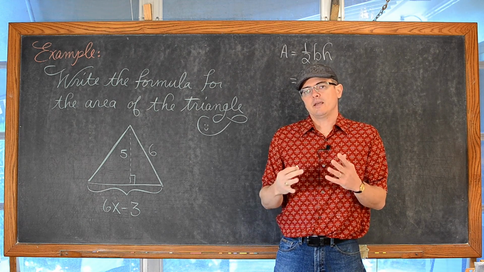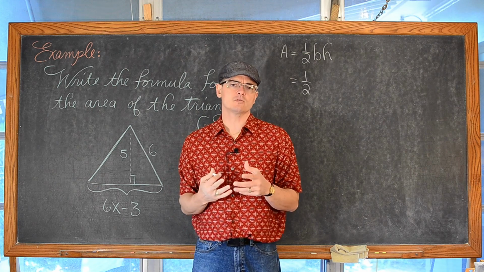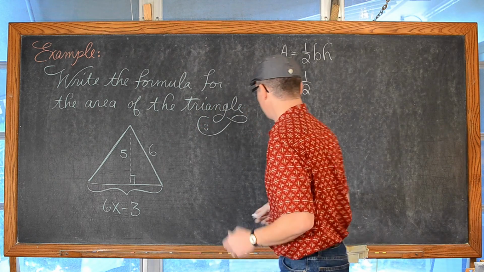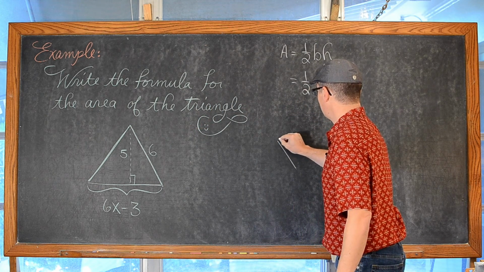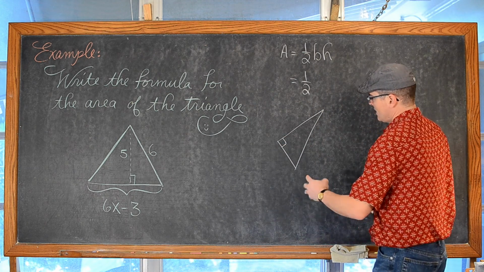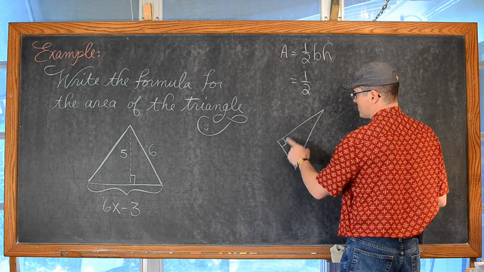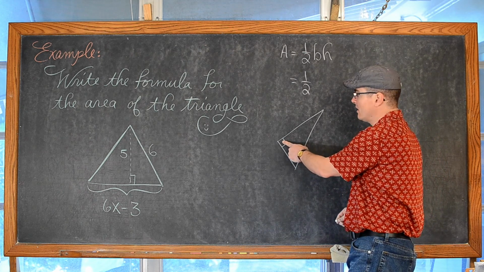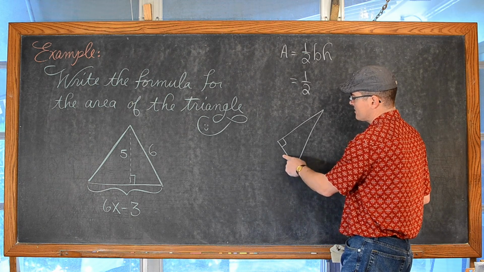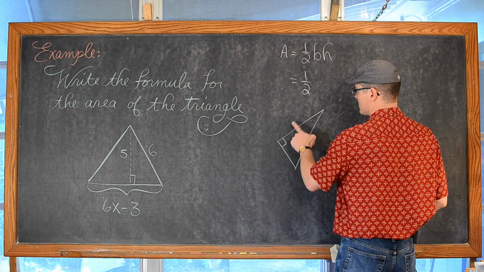When you try to find the area of a triangle, the base and the height have to be two measurements which are perpendicular to each other. So if I were to give you a right triangle, the two legs are always going to act as your base and your height.